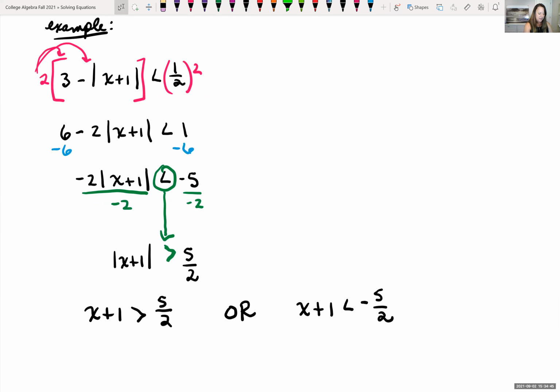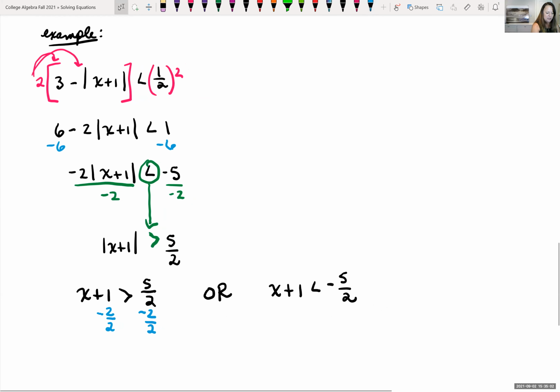Okay, so let's get x by itself. I can clear the fractions, but I think it's easier if I just think of this as getting a common denominator. So when I subtract 1 on both sides, let's think of that 1 as 2/2.